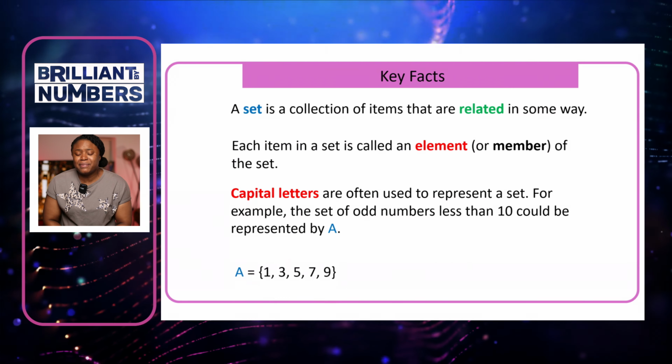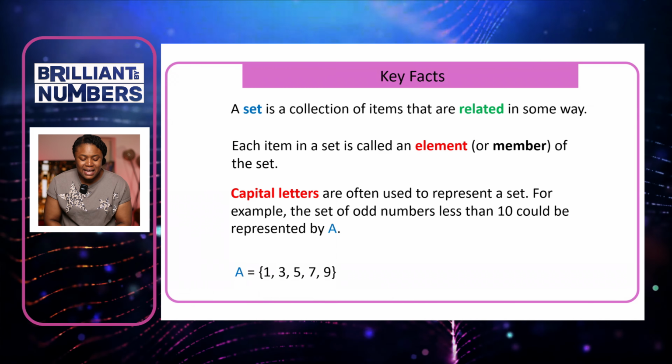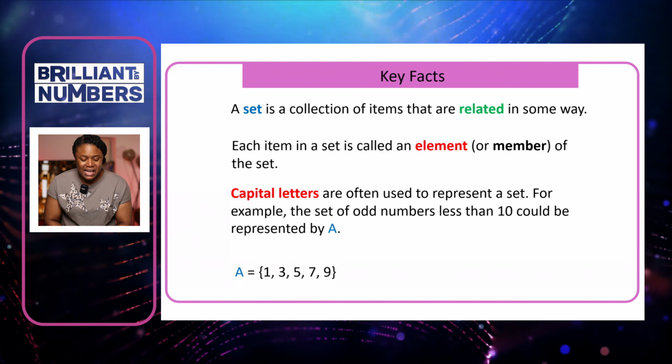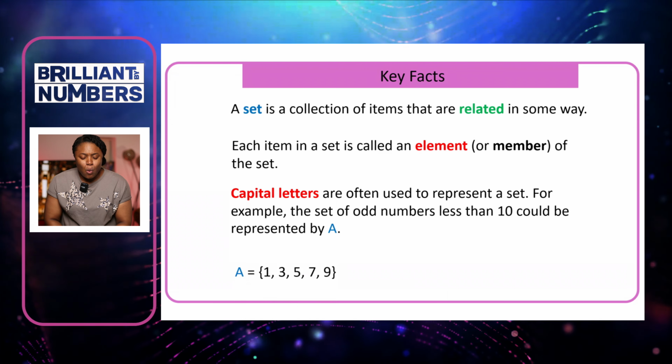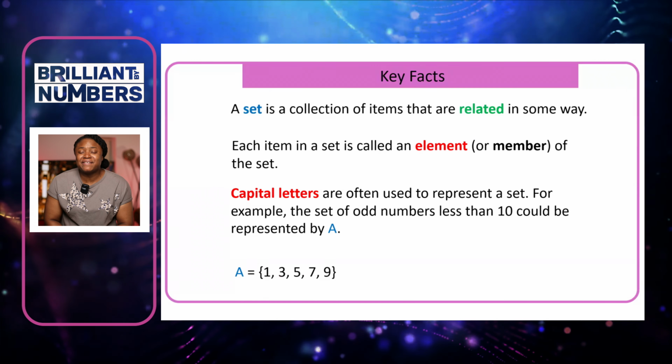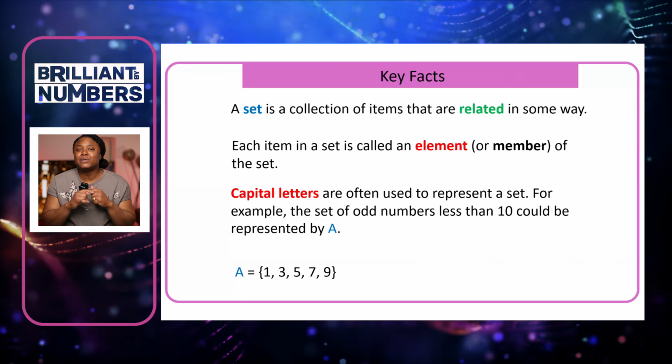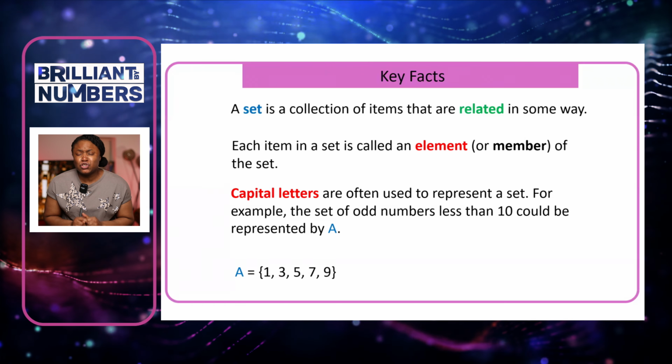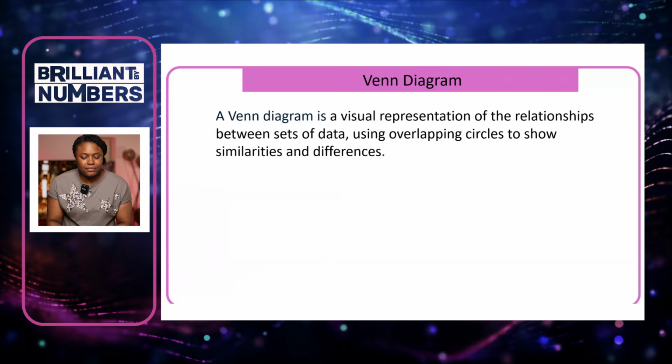It doesn't really matter what letter you use once you write a capital letter. This is what it would look like: A is equal to 1, 3, 5, 7, and 9, which I put in curly brackets to denote this set.